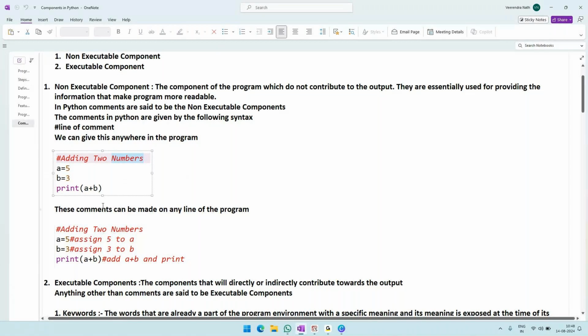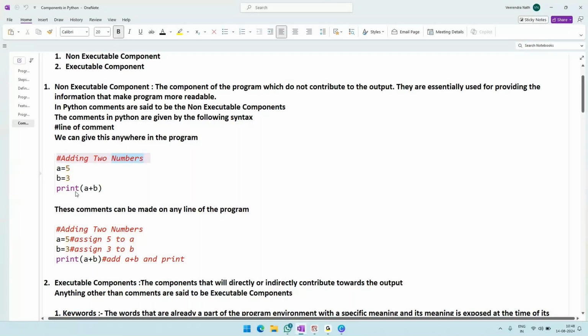So how do we provide non-executable components in the program? We provide them with the help of comments. Comments are nothing but non-executable code, given with the help of a hash, followed by the line of the comment.